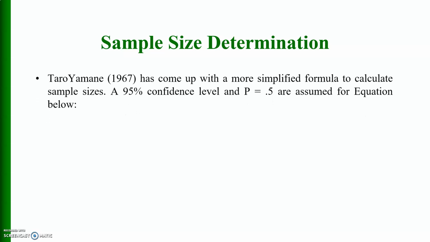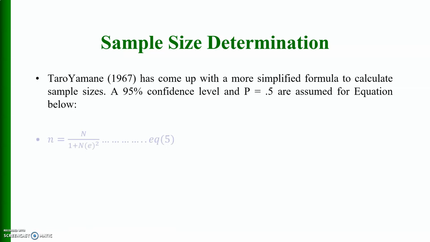There is another famous formula given in Introduction to Statistics by Taro Yamane, and this book was published in 1967. Taro Yamane has come up with a more simplified formula to calculate the sample size. Here it is also assumed that there is a 95% confidence level, and the precision level is 0.05.